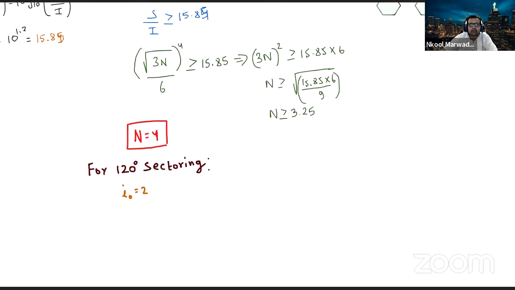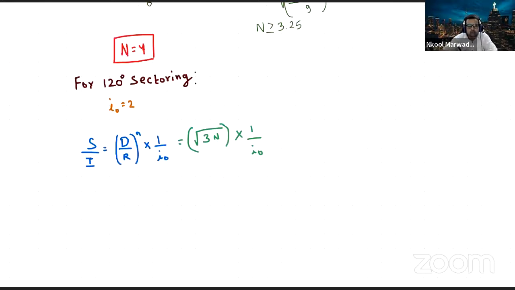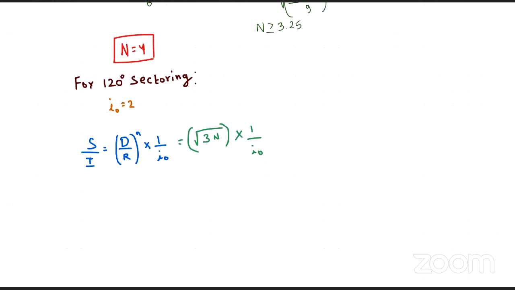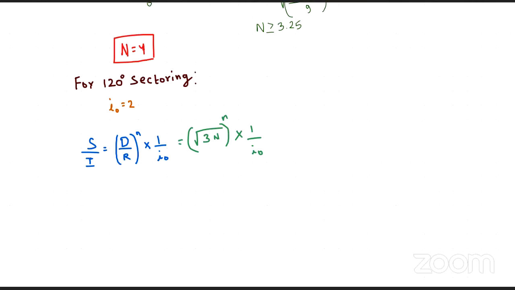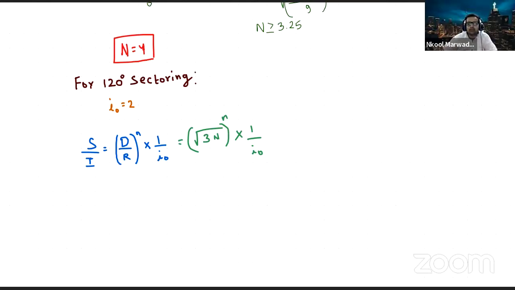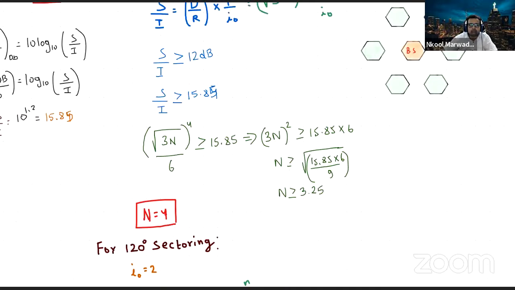So what I am telling is that for 120-degree sectoring, I naught will become 2. Please remember that. From 6 it will become 2. How, sir? The derivation of that we will do some other day. There is a reason for that. But now you remember it like a result.